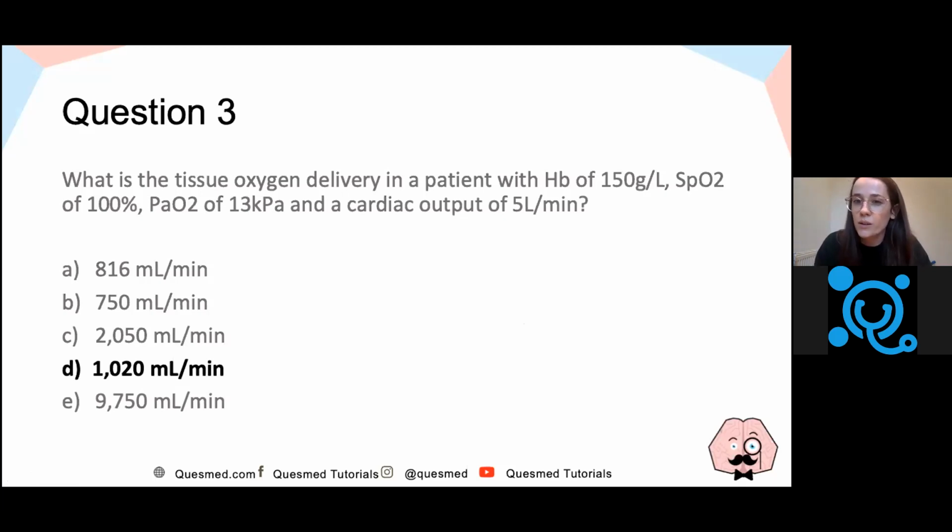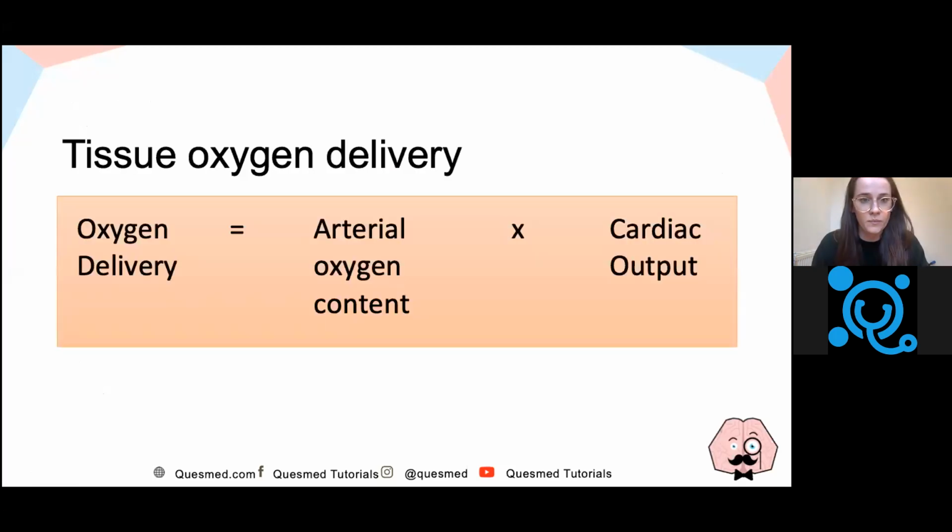The reason that I've included this as part of this lecture is I think this equation is one of the most important parts of respiratory physiology, and it really helps with understanding tissue oxygen delivery, which is what we're trying to achieve when we're managing someone's respiratory physiology, okay? So don't get too bogged down in this one.